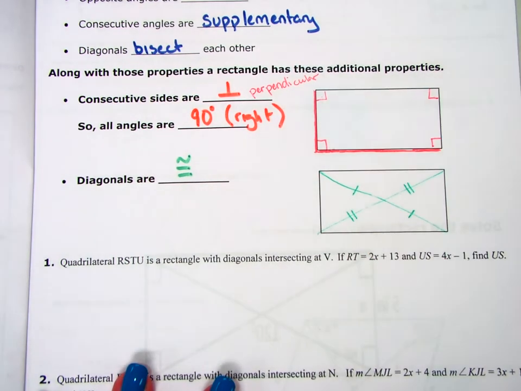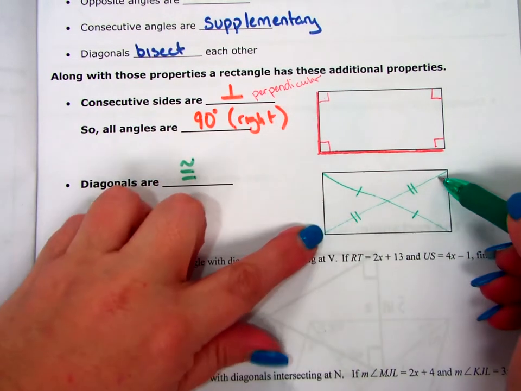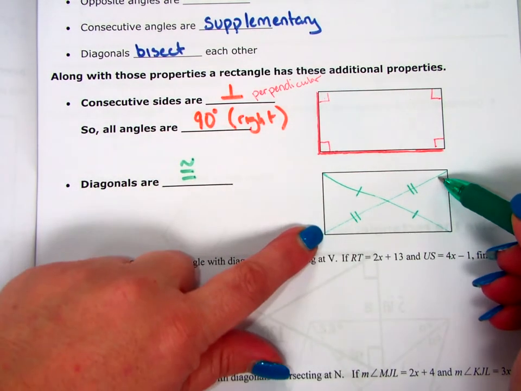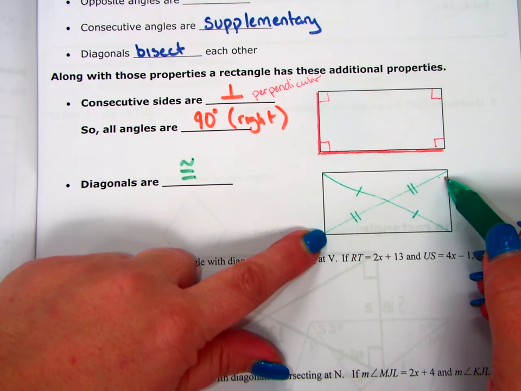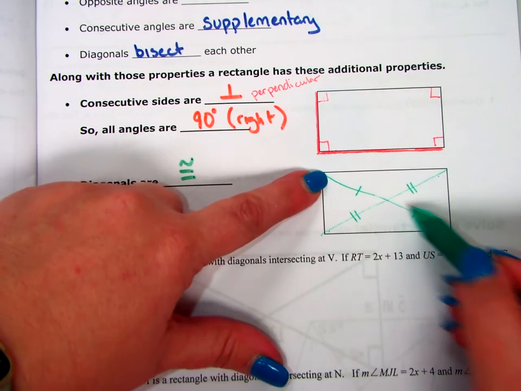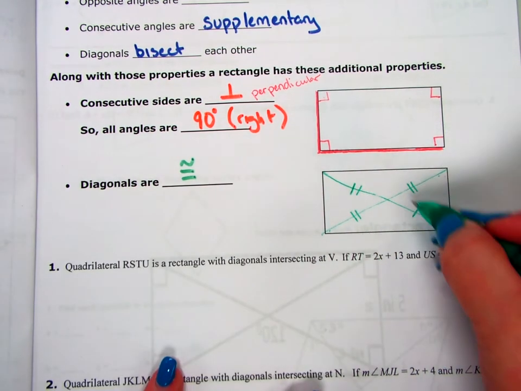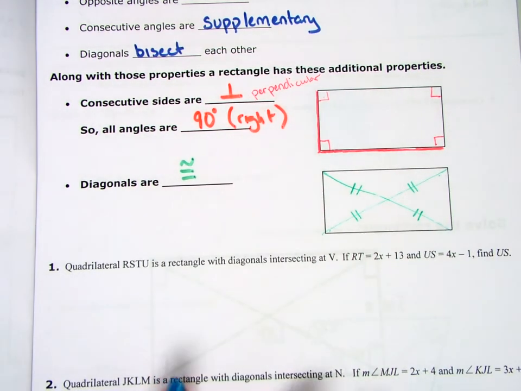And with a parallelogram, I always did it like that, and I said that the two diagonals don't have to equal each other, so these might not be the same length as these, but since in a rectangle they do equal each other, let's say this is 20, so each of these would be 10. If this one's 20, this one also has to be 20, which means each of these would also be 10. So all 4 of those pieces in a rectangle will be congruent.